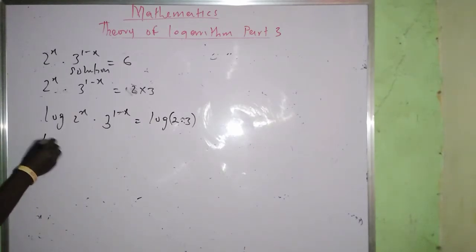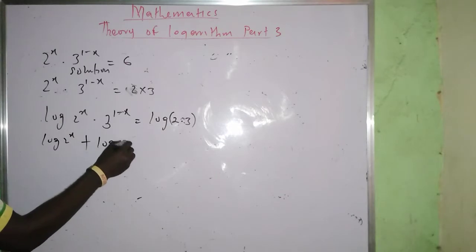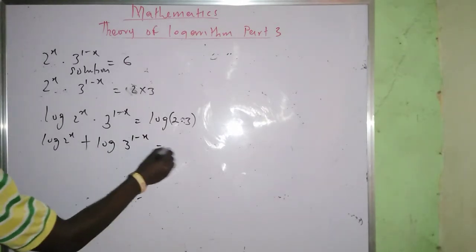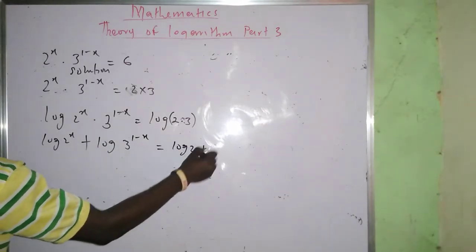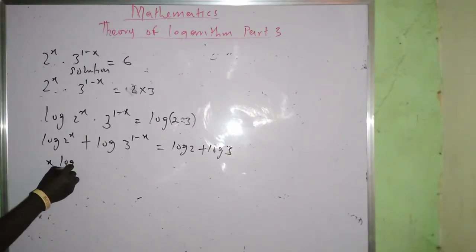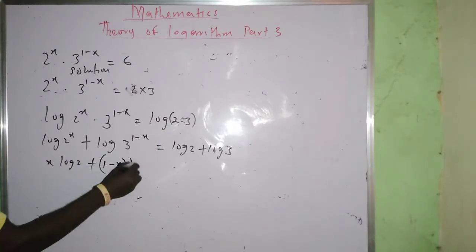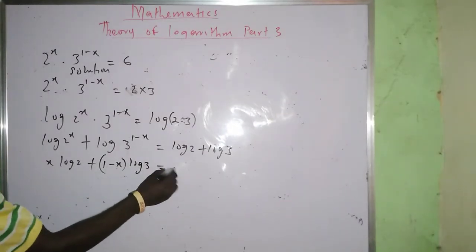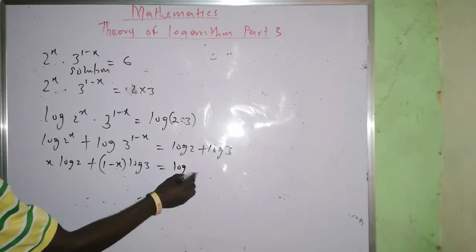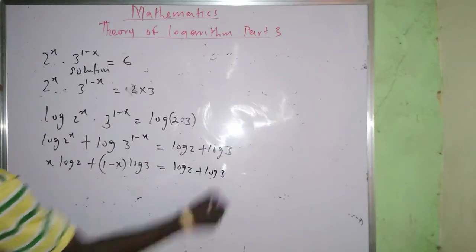Now, since I have this, log 2^x plus log 3^(1-x) equals log 2 plus log 3. I can now say x log 2 plus (1 minus x) times log 3 equals log 2 plus log 3.